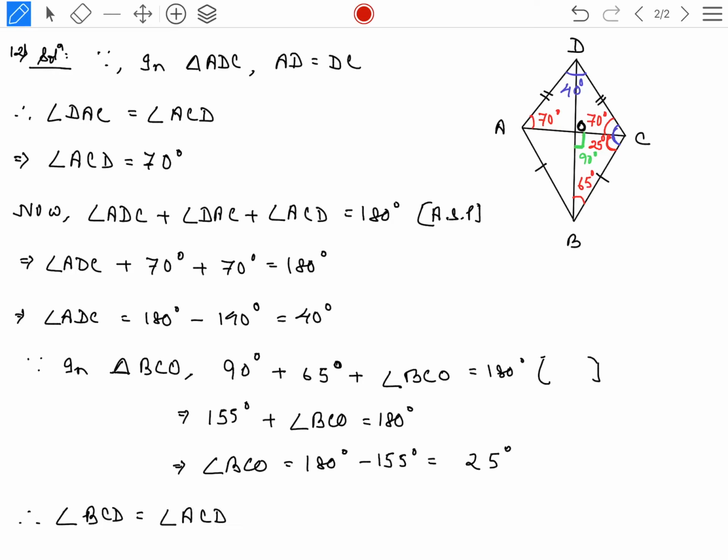Okay, angle ACD plus angle BCO. Okay, ACD how much we have found? 70, and BCO how much you have got? 25. That means how much? 95. This is your answer. Okay, so one angle what we have got?